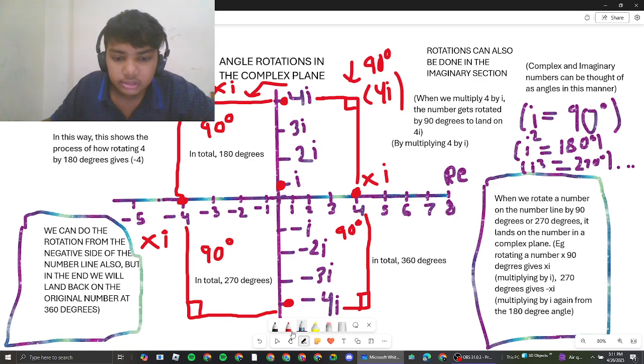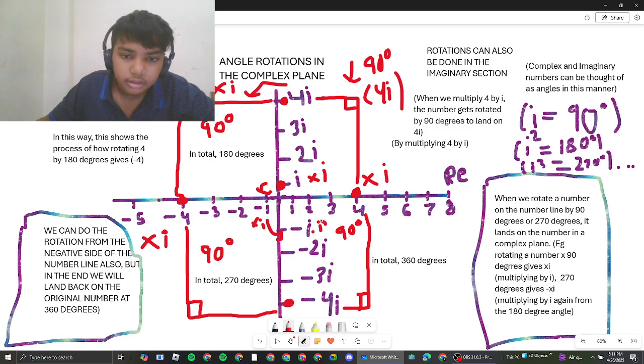So now, if I start from I and multiply this number by I, what would I land on? -1. And if I multiply this by I, I'll land on -I. If I multiply this by I, -I times I would land on 1, right?